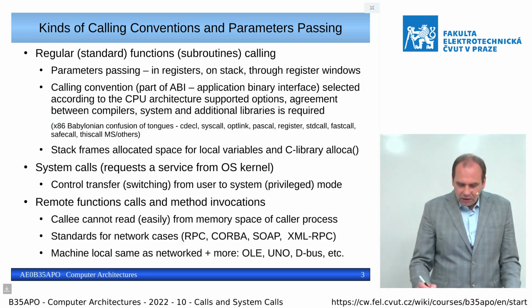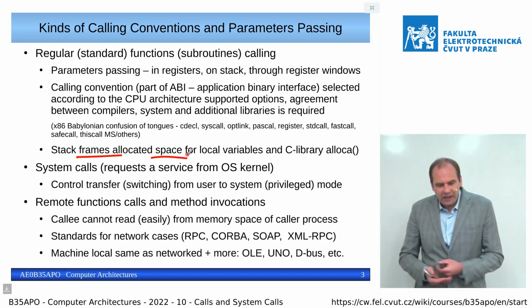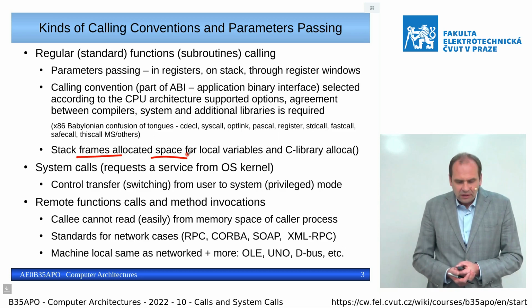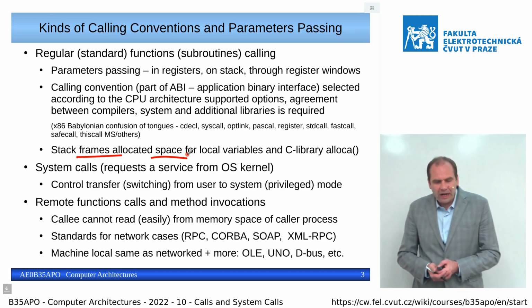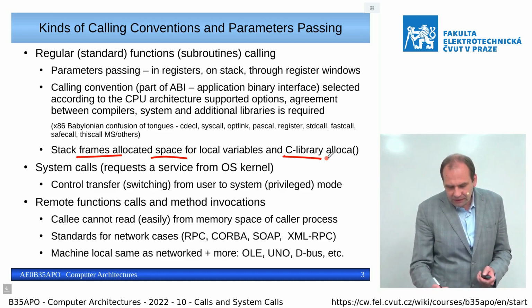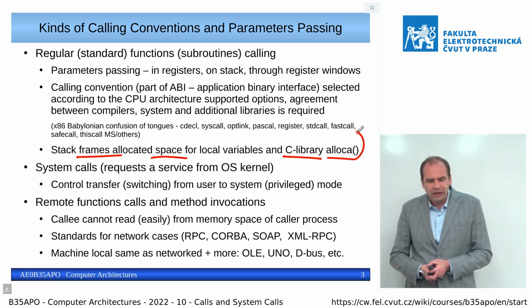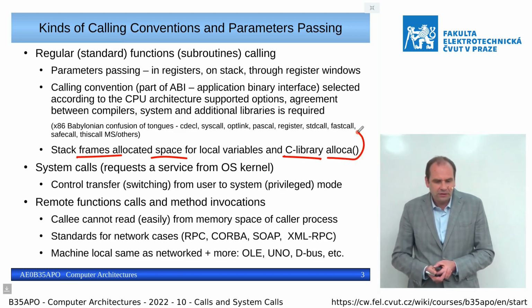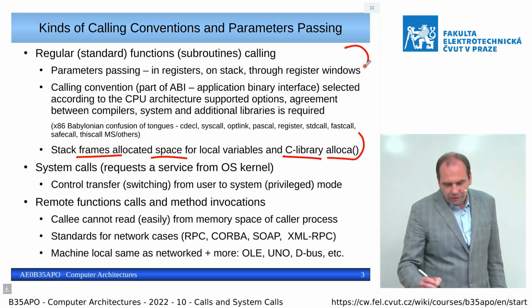So it cannot be taken lightly. Okay, and in this case we usually allocate stack frames in the space which provides room for the local or automatic C language variables, or you can use explicit alloca to allocate this space on the stack. So it is the regular calling of functions.